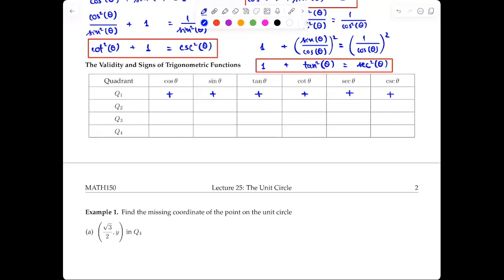Now for the second quadrant, x is negative, y is positive. So the x part, or cosine part, is negative, and the sine part is positive. So now tangent is going to be negative. Cotangent is negative.